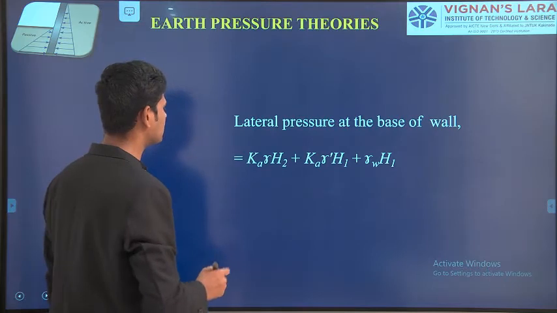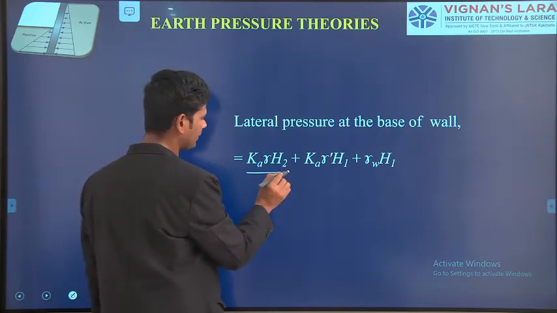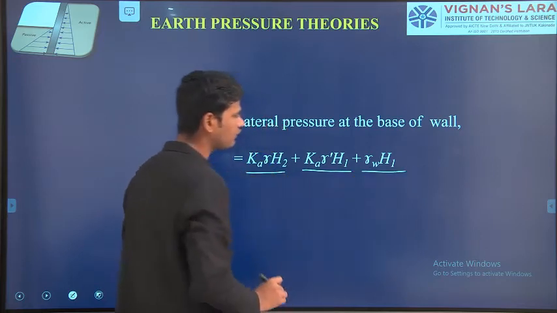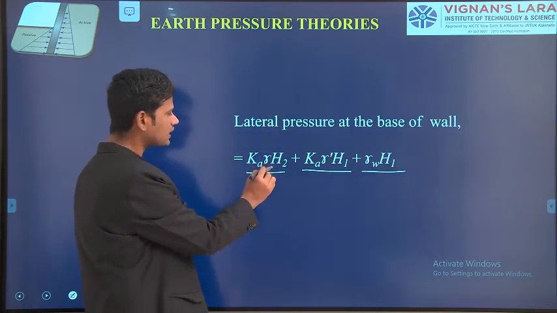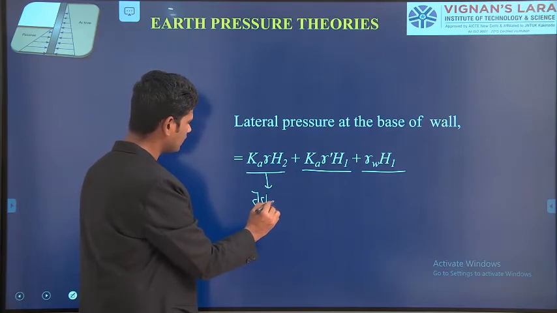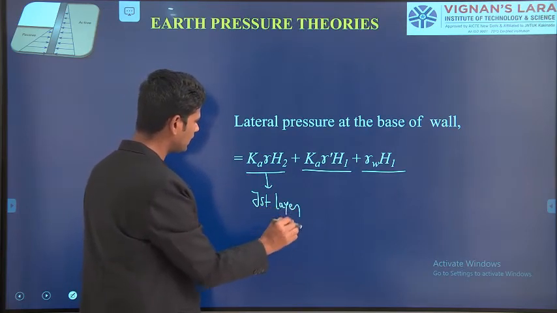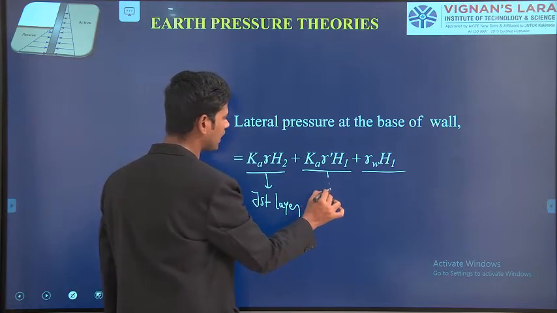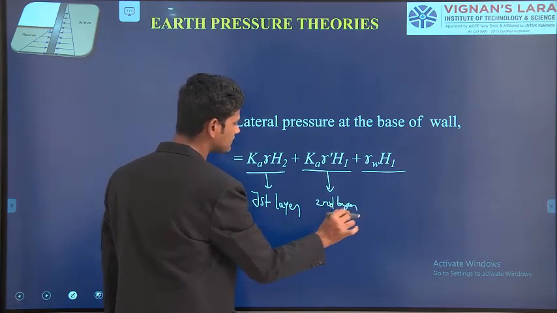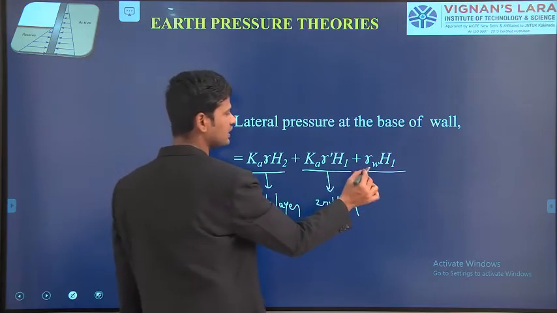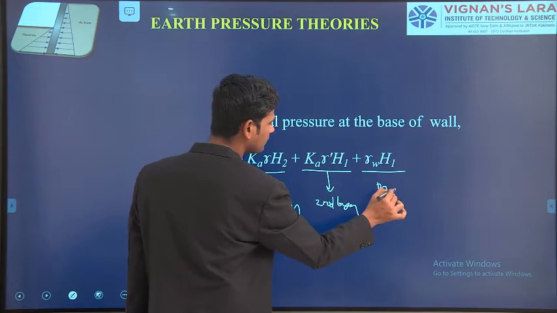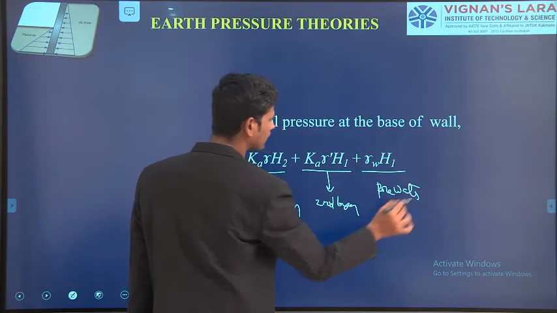The total earth pressure is nothing but Ka into gamma into H2, plus Ka into gamma prime into H1, plus gamma W into H1. This Ka into gamma H2 is due to the first layer. And Ka into gamma prime into H1 is due to the second layer. And gamma W into H1 is due to the pore water pressure.